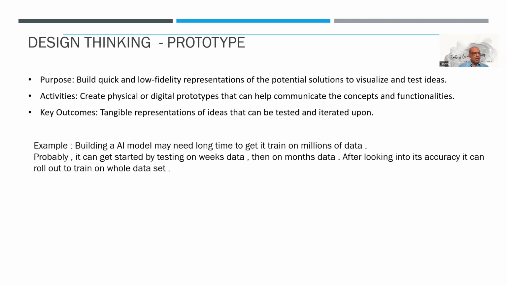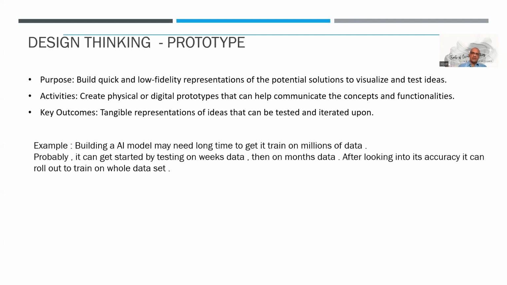Suppose we are going to build an AI model. The AI model may be based on some algorithm, a random forest or anything. But it is not always advised to go with the whole of the data in the database, where millions of records are there. Probably we go with a week's data first, test it, and see what kind of accuracy is required.